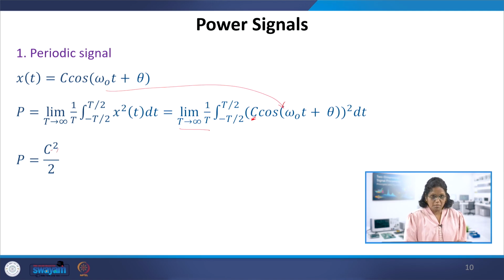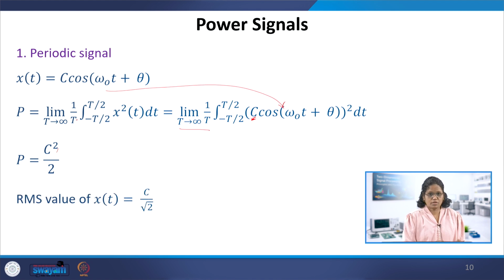The RMS value is the square root of the power, so it is c by root 2. So the peak value is c, and c by root 2 is the RMS value, calculated from the power c squared by 2.